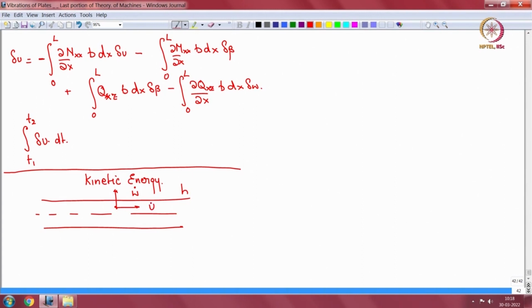Okay. Now we are doing pure bending here, pure bending. That means the axial displacement u is equal to z beta. There is no mean axial displacement of the neutral axis. That is what is pure bending. So u dot is z beta dot.